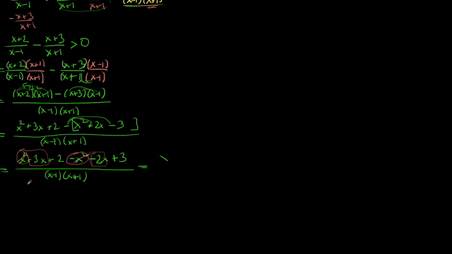I might need the space later here, so let's write it down here. This is just x. And then finally, 2 plus 3 is 5. So x plus 5 for the numerator. And then the denominator, leave it alone. x plus 1, x minus 1. Doesn't matter the order, but I'll keep the same order. x minus 1 times x plus 1.